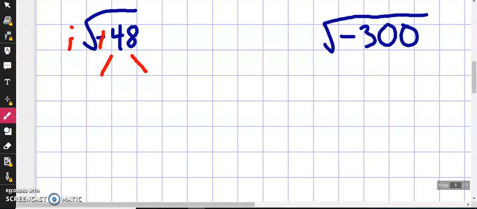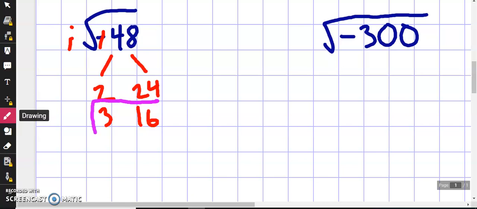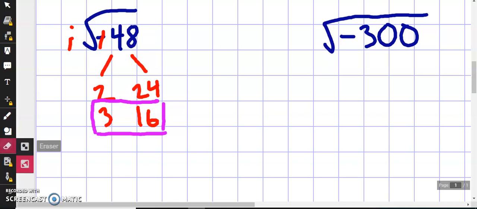It could be 1 and 48, but 48 doesn't have a square root, so it doesn't help me. It could also be 2 and 24. And then it could be 3 and 16. As soon as I hit that one, I'm going to stop, because I know that 16 actually does have a whole number square root. So I want the 3 and the 16.